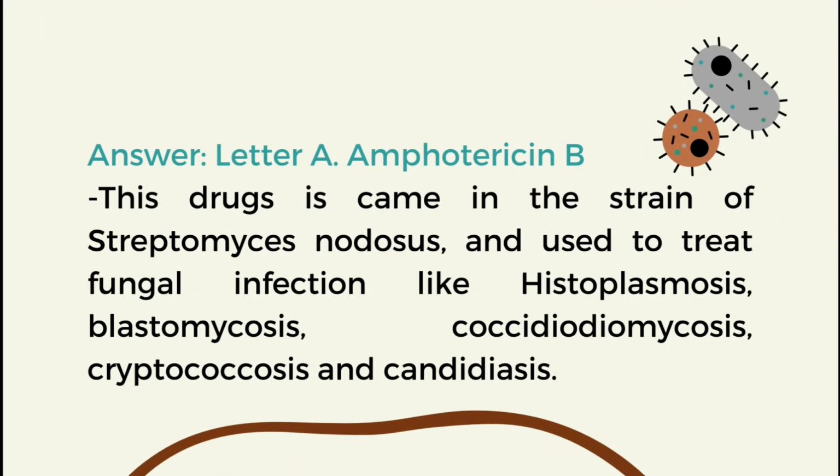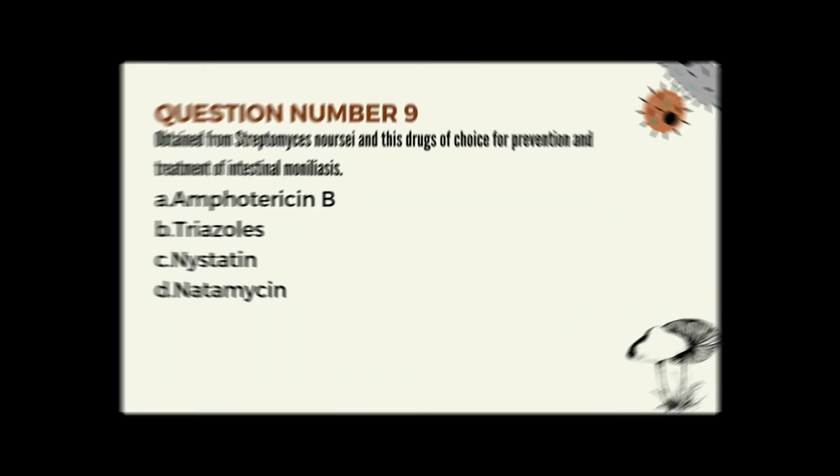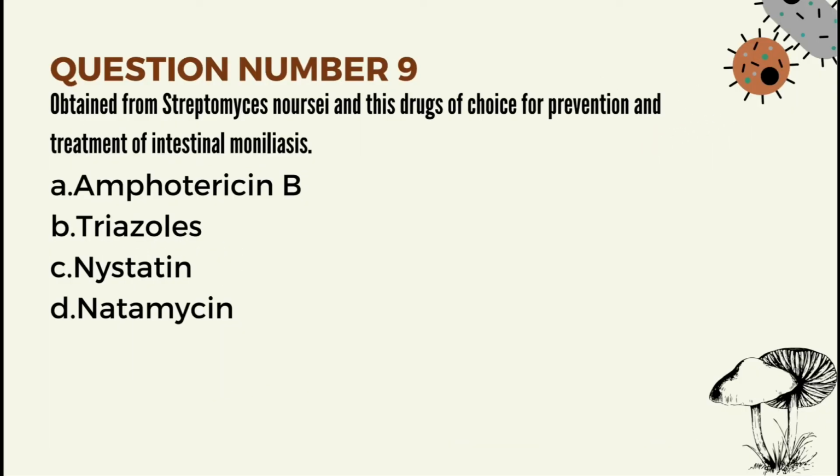Answer is letter A. Amphotericin B. Because this drug comes from a strain of Streptomyces nodosus and is used to treat fungal infections like histoplasmosis, blastomycosis, coccidioidomycosis, cryptococcosis, and candidiasis.